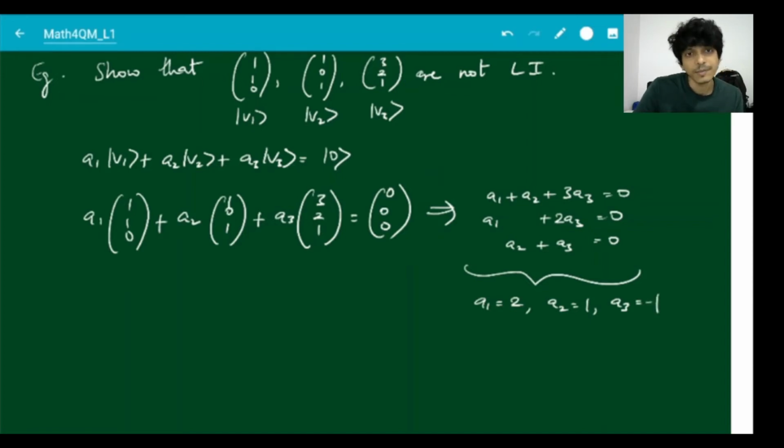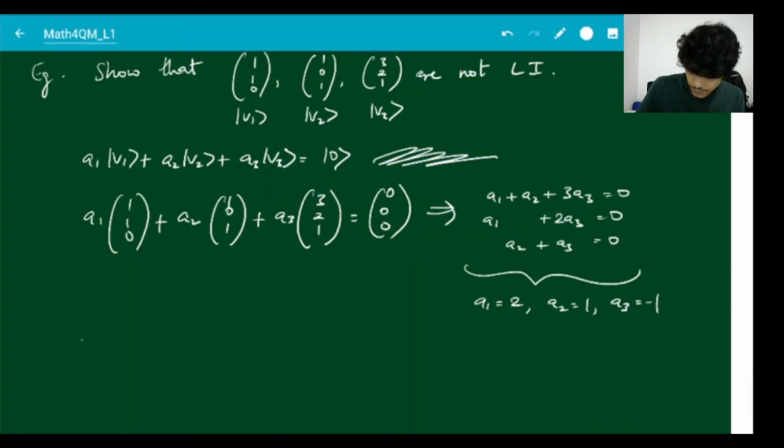So clearly this equation can be satisfied for some non-zero values of a1, a2, a3. Or in other words, you can write v3, this (3, 2, 1). How?